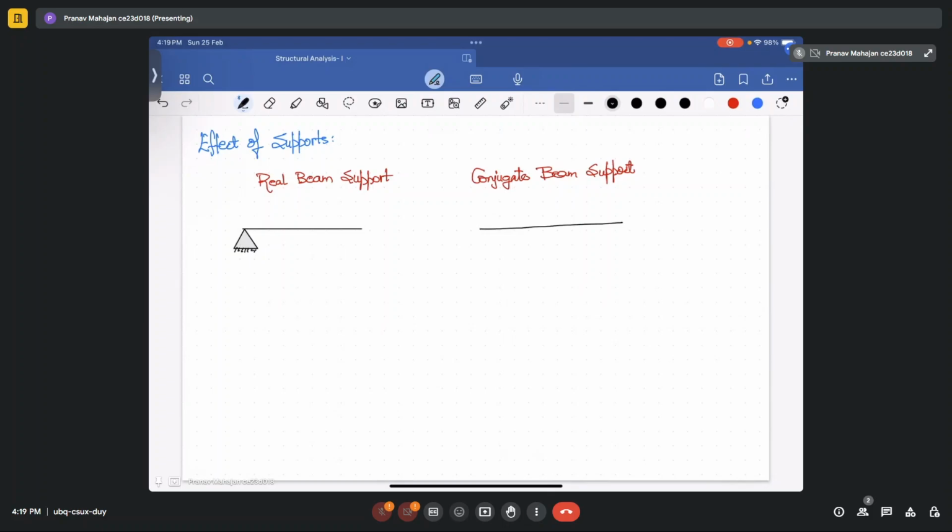So your conjugate beam will also have a hinge at that particular point. No change will occur. For roller support, it will also remain the same as a roller support.